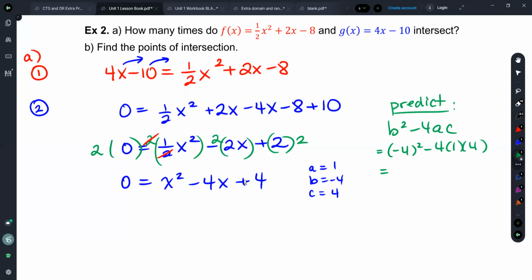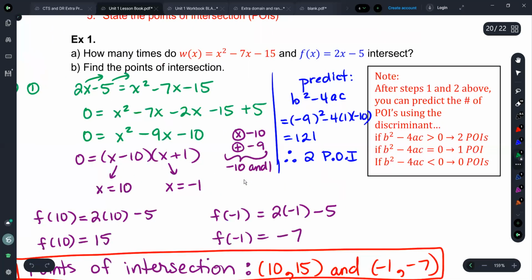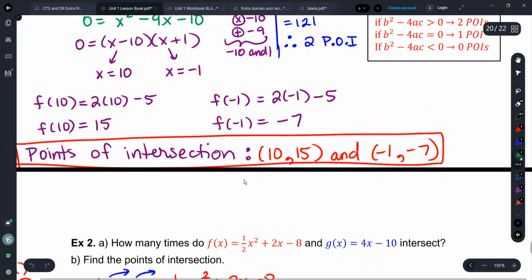What do we get here? Okay, so if b squared minus 4ac gives us 0, and I've combined a line and a parabola, this tells us we have one point of intersection. So Kira's right.